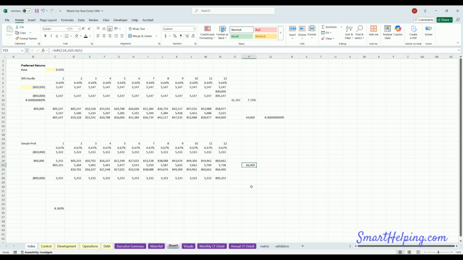Now you're stuck paying 66, which is more than your simple non-compounding amount, which was, I believe, the 64. It's way more than the internal rate of return case, where you're actually sending out distributions each period, which is the best, 61,000.